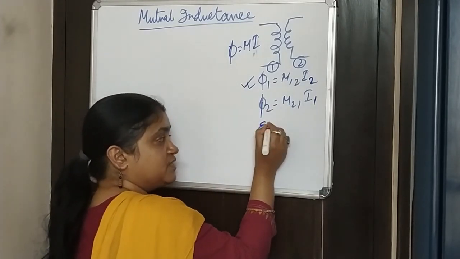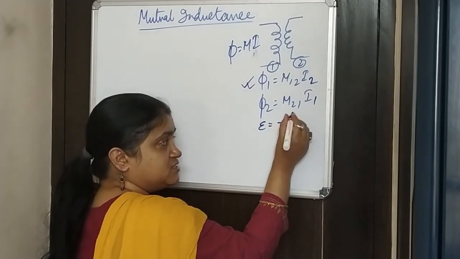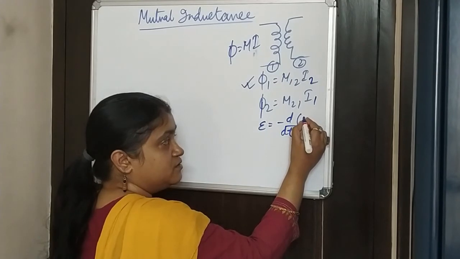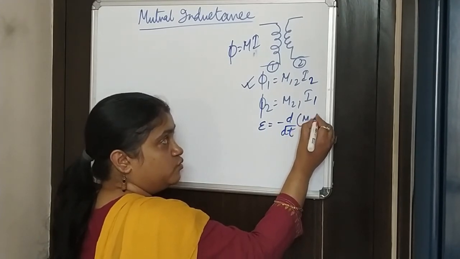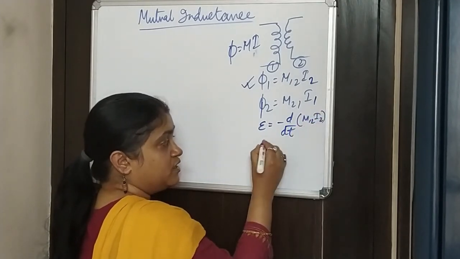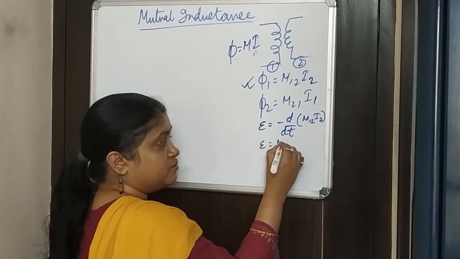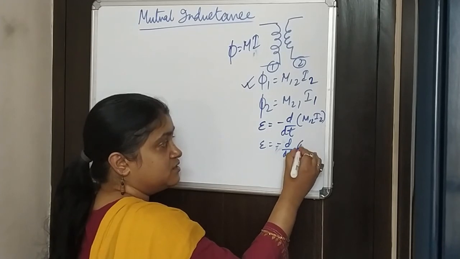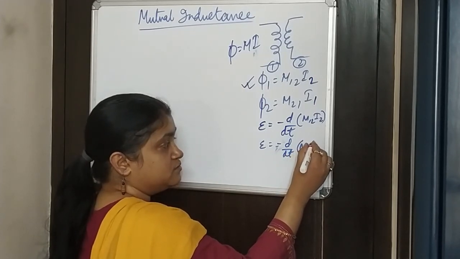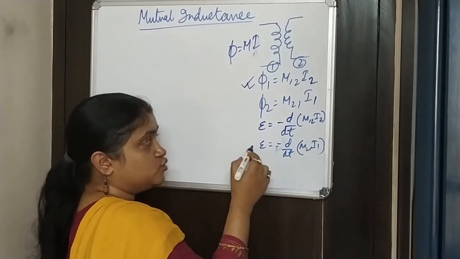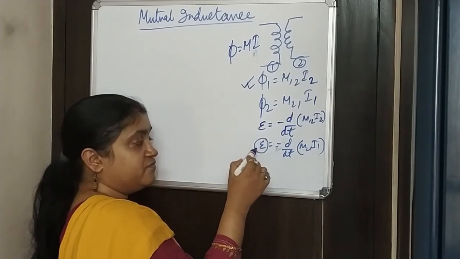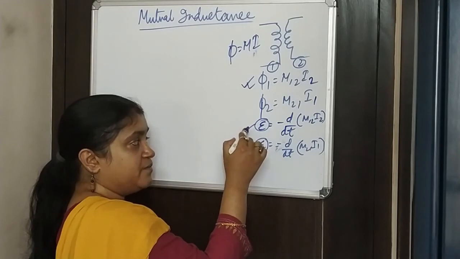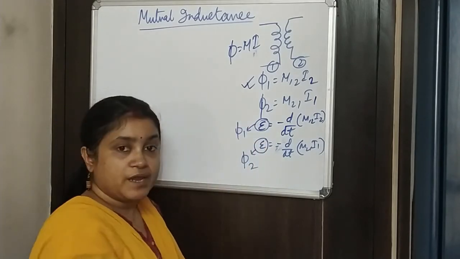This is a little change. So this will be M12 I2, and in the same way minus d dt of M21 I1. This will be the EMF for the flux phi2, and this will be the EMF for the flux phi1.